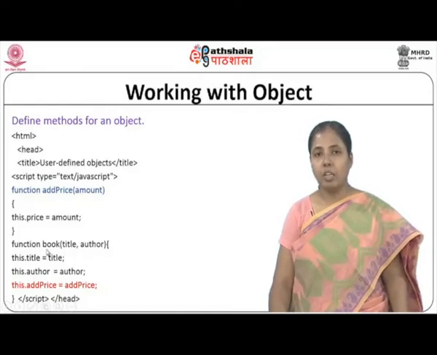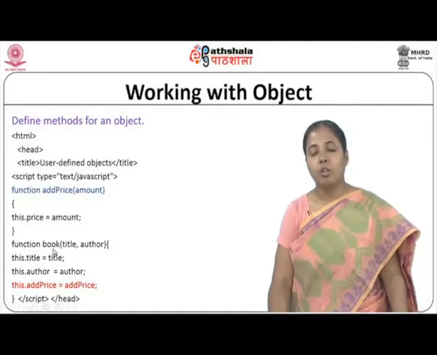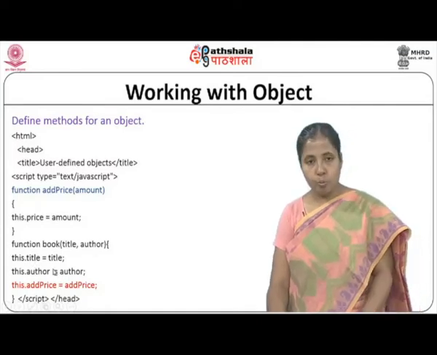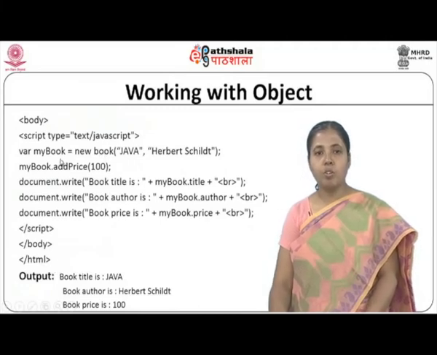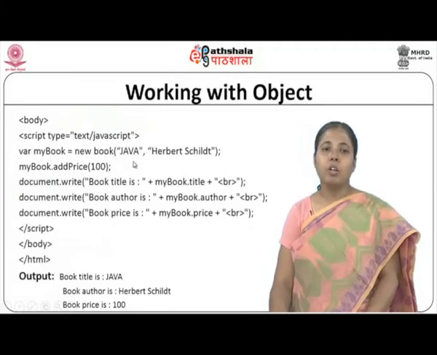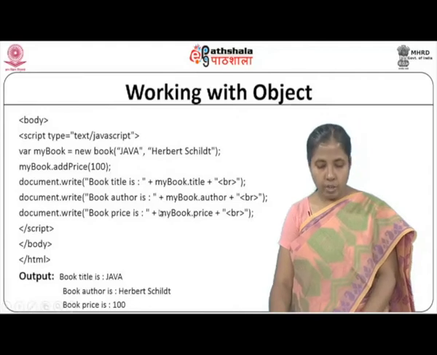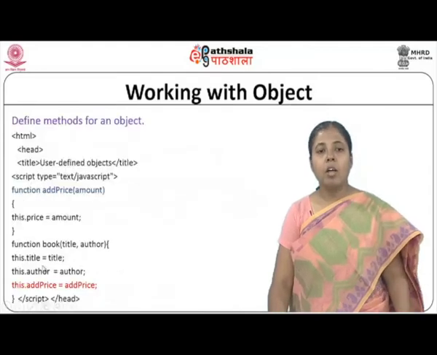So we can define constructors just like creating a function. Book is a constructor for this book object, and here is where you assign the values for the properties defined for myBook. So myBook is an object that takes the two values and gets assigned with title and author.